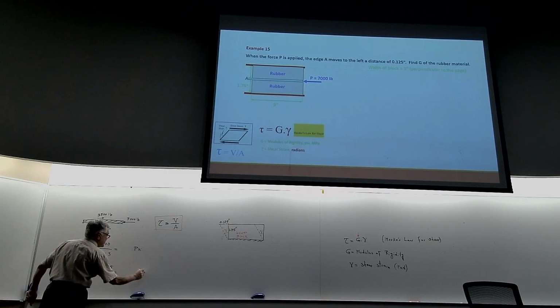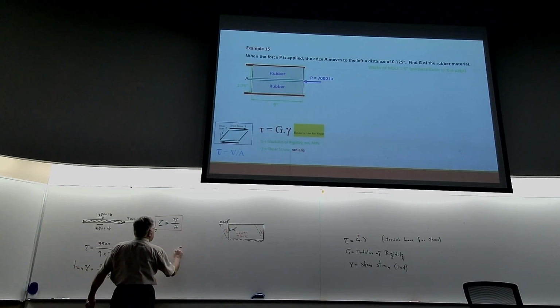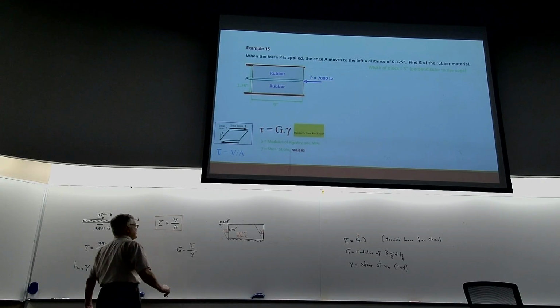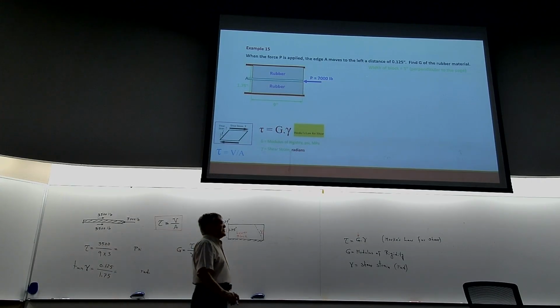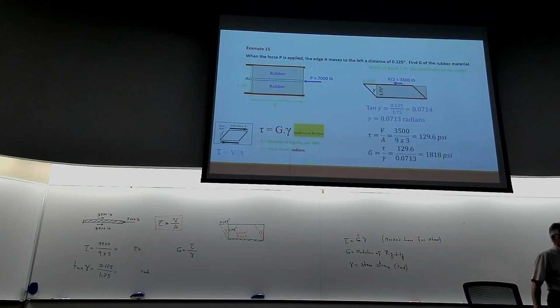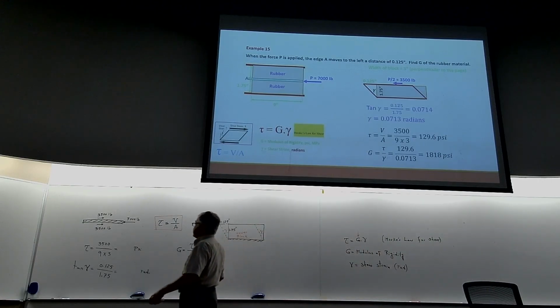And this will be the gradients, and G is tau divided by gamma. And here are the numbers. 129.6 for shear stress.